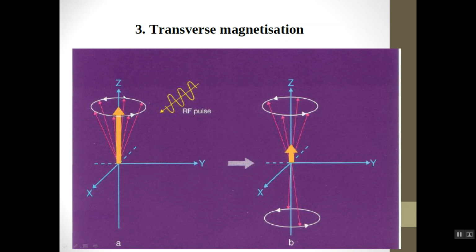So now I know well the precession frequency of protons. After applying the radio frequency pulse coming from outside with the same frequency as the protons, what will happen? The protons will acquire energy and will transfer to the excited state. And the longitudinal magnetization will decrease.